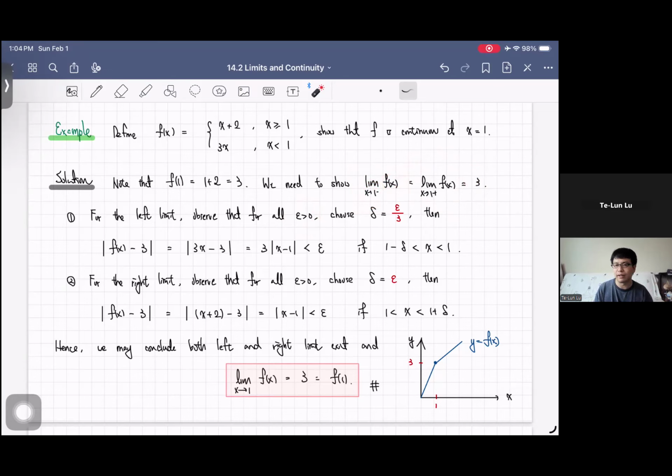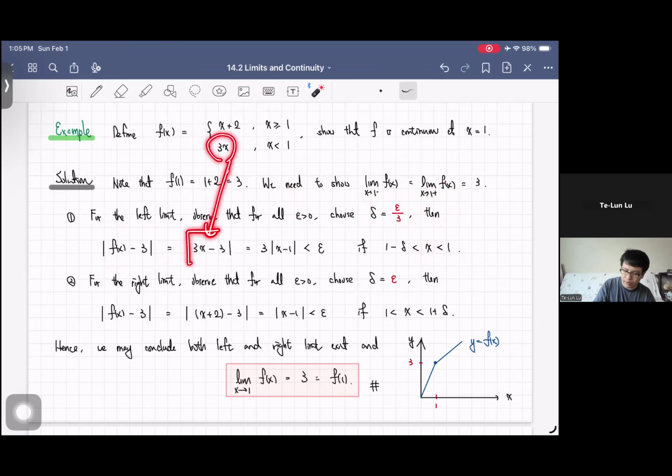Any number should be satisfied if you want to find a limit, because we're approaching the point 1 closer and closer and closer. So in this case, suppose I pick delta to be epsilon over 3. For example, if epsilon is 1 over 10, then delta is 1 over 30. So you see that for the distance between f of x and 3, since x is on the left-hand side, we use this definition.